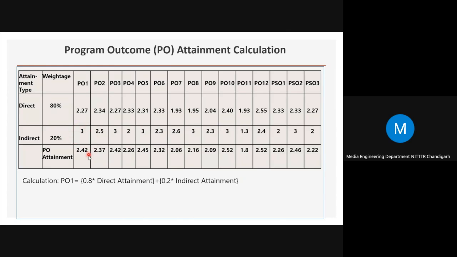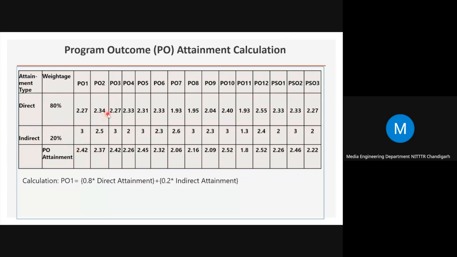For these calculations, we multiply 2.27 by 80%, that means 0.8, plus 3 into 0.2. Because this weightage is 100% and all these are mapped, there is no need to take the average. So 2.27 into 0.8 plus 3 into 0.2 will give us 2.42. That is the final PO attainment, with contributions from both the direct and indirect methods.